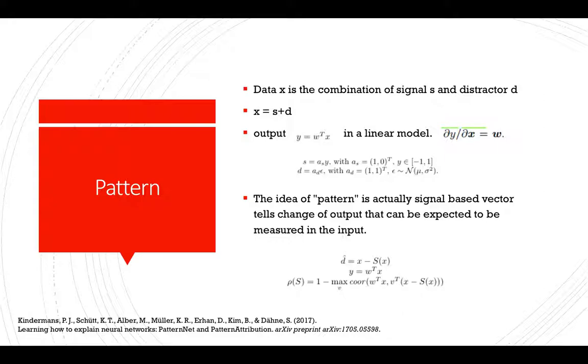Before we introduce pattern net and pattern attribution, we first need to know what a pattern is. For data X, we can see it as a combination of signal S and a distractor D. The output Y is the multiplication of W transpose and X in a linear module.